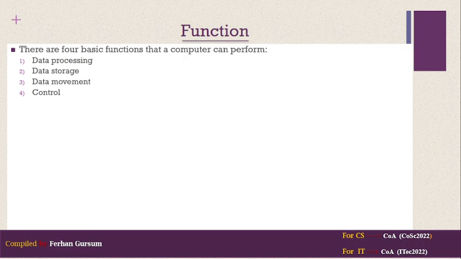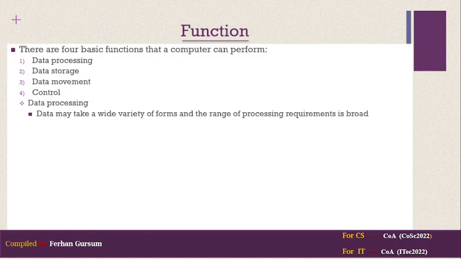Control. These are the four basic functions that a computer can perform. You have to know, okay? If I say list four basic functions that a computer can perform, you say data processing, data storage, data movement, and data control.